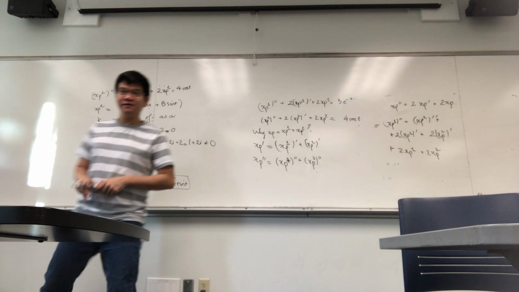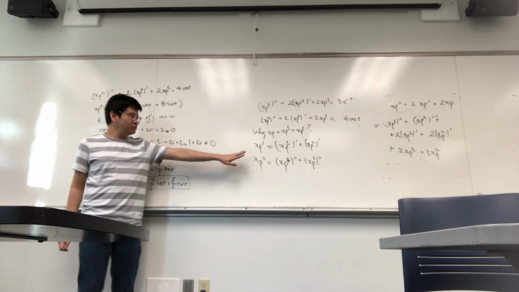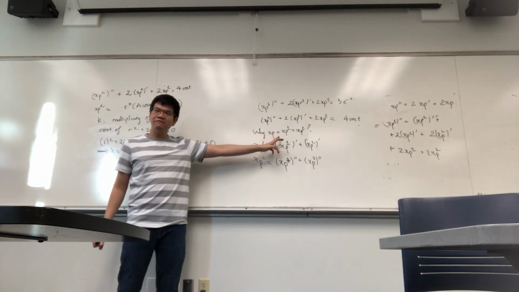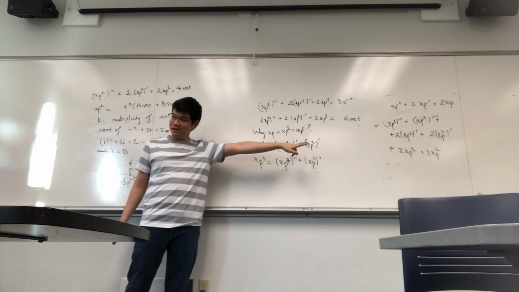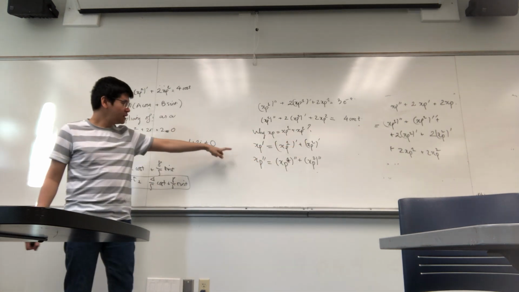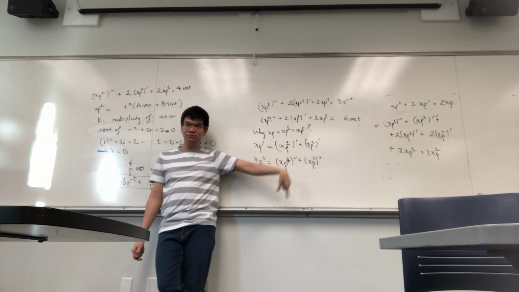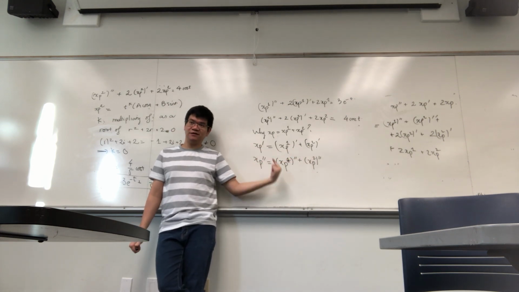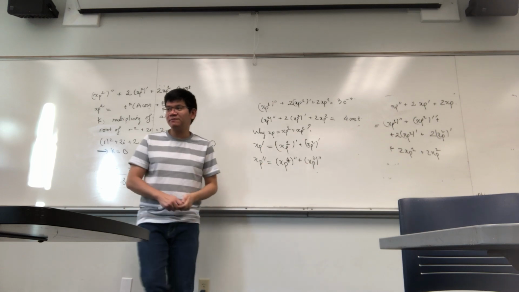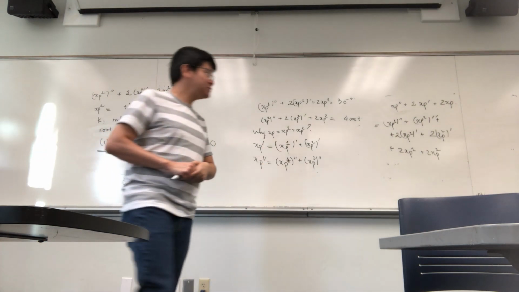All right? So if I consider xp to be the sum of xp1 and xp2, xp prime will also be the sum of xp1 prime and xp2 prime, and xp second will also be the sum of xp1 second and xp2 second.